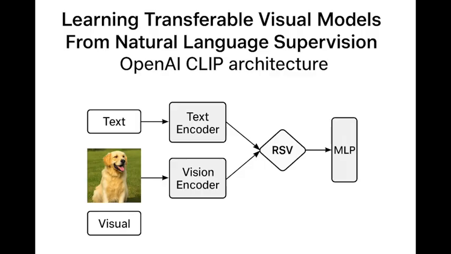That sounds like it needs careful tuning. You mentioned this temperature parameter, tau. Is that involved here? Absolutely crucial. The temperature is a small number they actually learn during training. It basically scales those raw cosine similarity scores before you calculate the probabilities using softmax. Okay, so what does scaling them do? Think of it like adjusting the sharpness or strictness of the scoring.